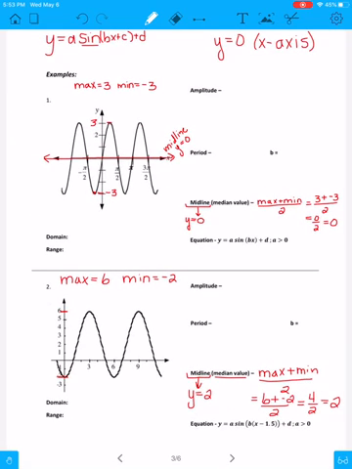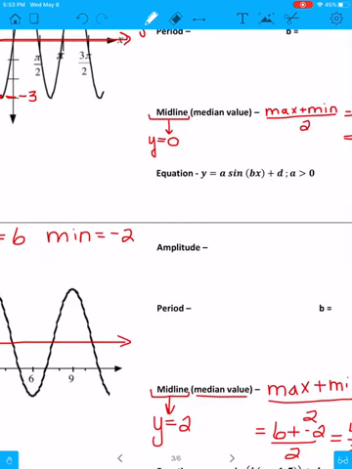So now I go to where y equals 2, which is here, and I draw a horizontal line straight across. And so now I have a midline y equals 2.